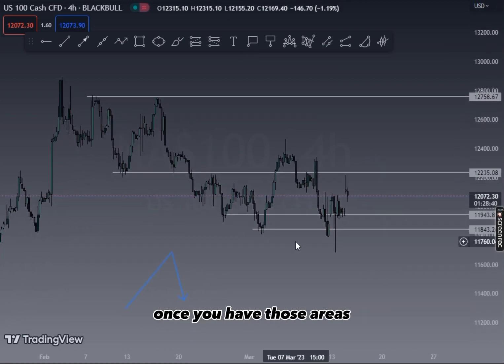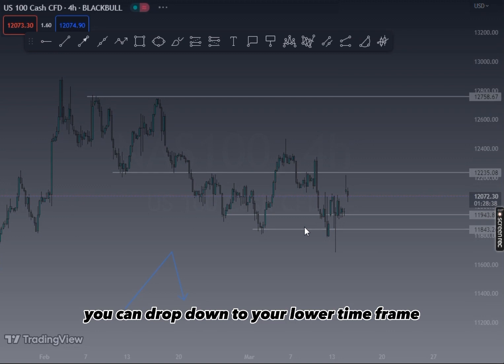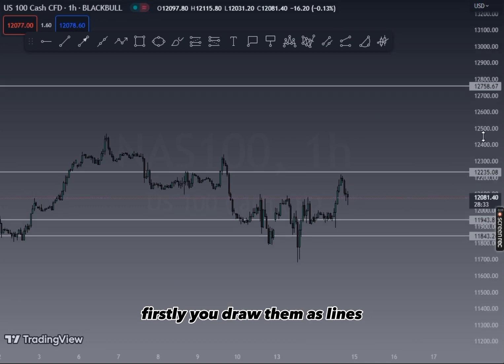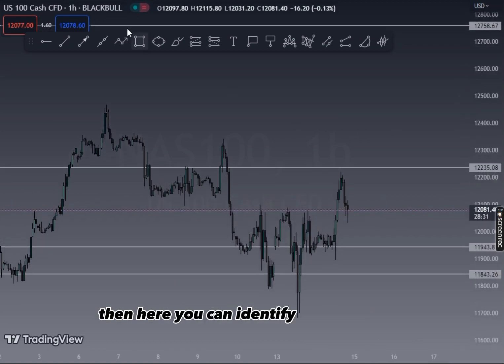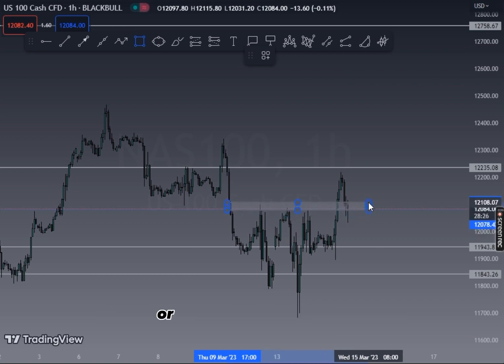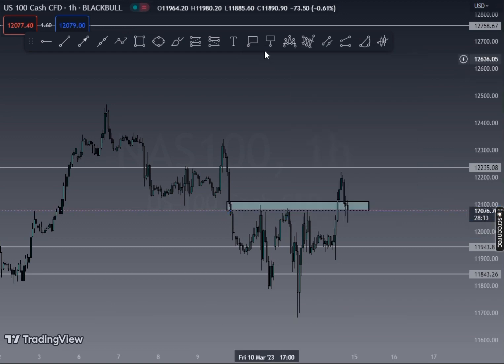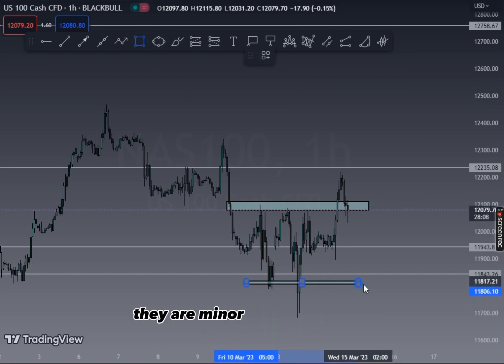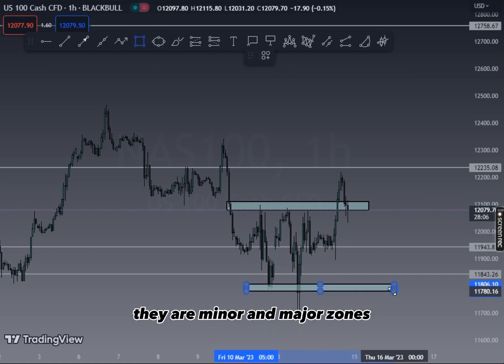Okay, once you have those areas, you can drop down to your lower time frame to clearly identify them as zones. Remember, on the higher time frame, firstly you draw them as lines, then here you can identify them as zones. You have to understand that there are minor and major zones.